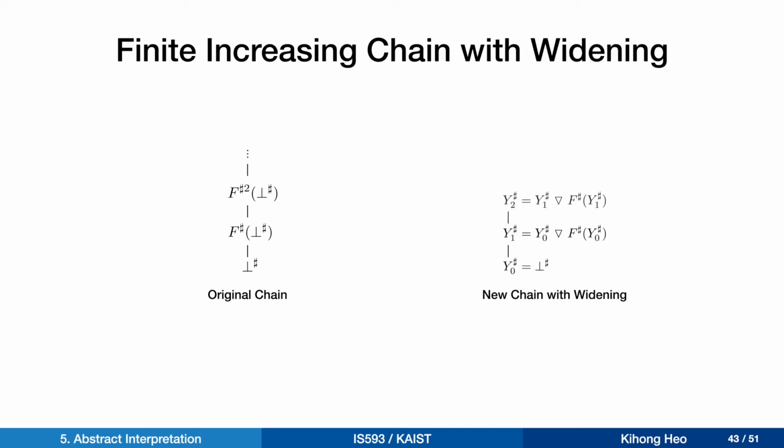And the next element is also defined in the same way. After a finite number of iterations, it will reach a post-fixed point, and then it will stop there. That is how widening works.